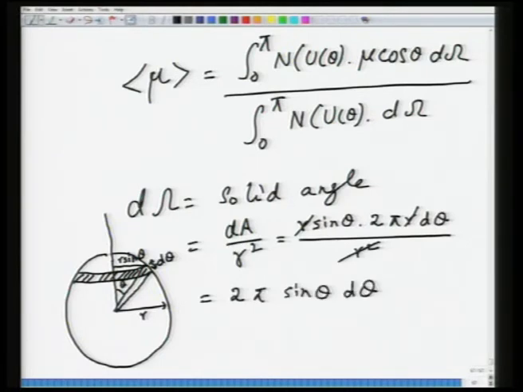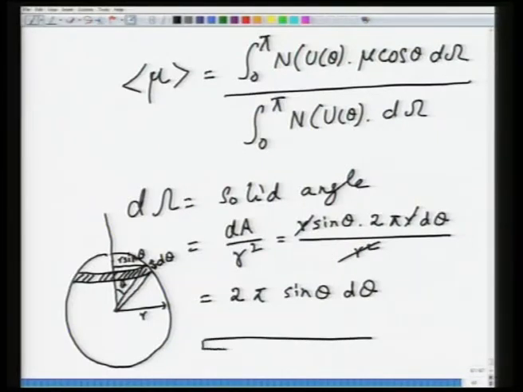So basically you are just taking a segment of the sphere. If you open it up, it will open up like this, so this will be the segment. Now this distance is r sin theta.